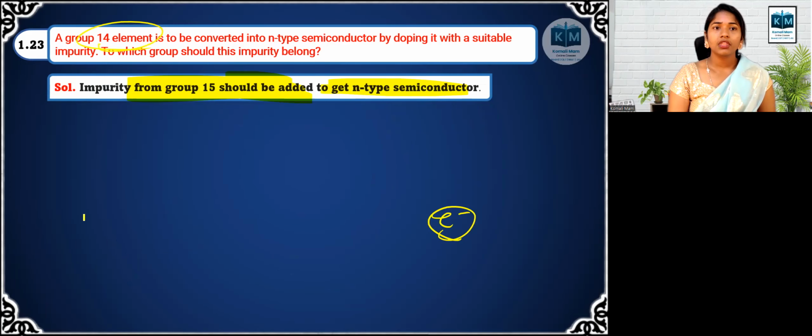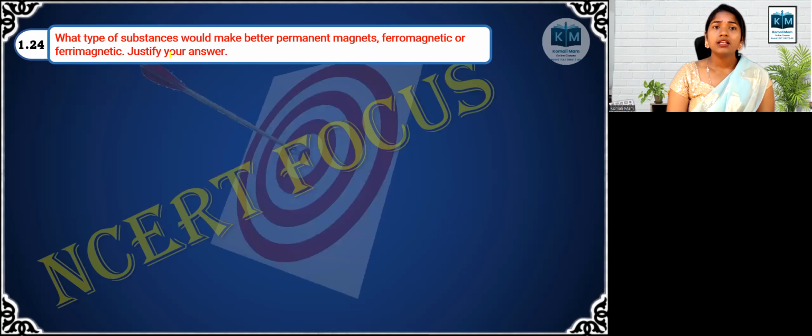Next question. What type of substances would make better permanent magnets? Ferromagnetic or ferrimagnetic? Justify your answer. Ferromagnetic substances are permanent magnetic substances. Why?